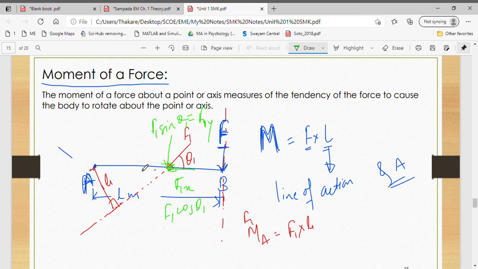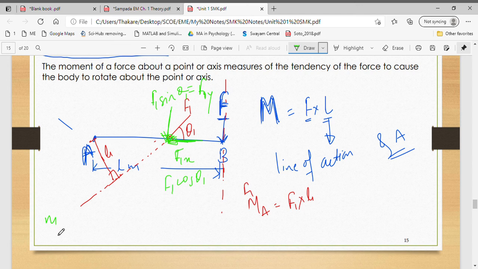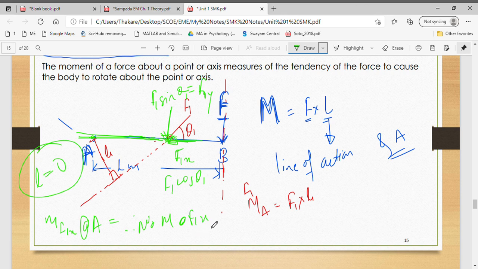So now, if I have these two forces here, what will be the moment of F1x about A? The line of action of this force is passing through point A. So the perpendicular distance is 0 and therefore there is no moment due to F1x.